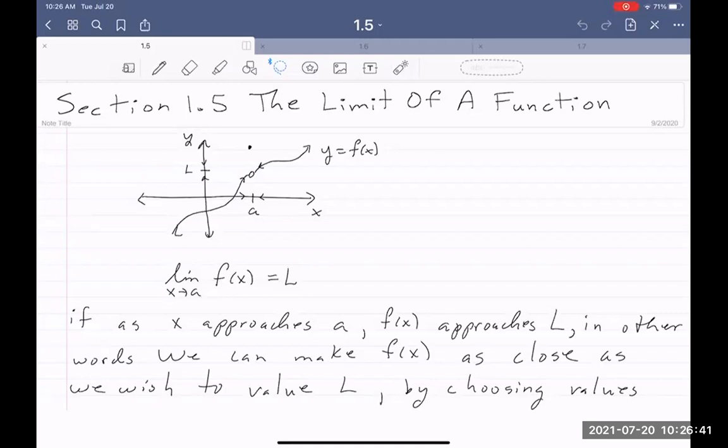So suppose I have some function relative to some coordinate system. The function y equals f of x looks like this, but it has a hole here. And at a, it's equal to this value up here.